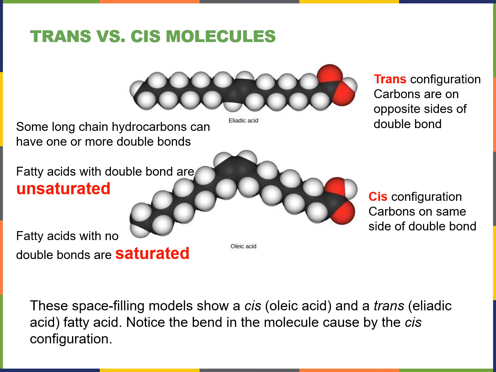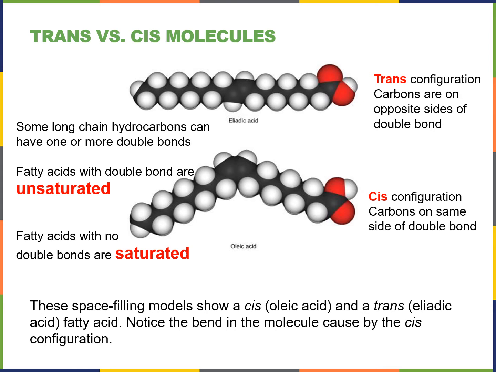Now, when we get into the membrane chapter, and we're talking about phospholipids and the lipids and the fats, what we're going to see is that these lipids are composed of long chains of carbons, like stearic acid and oleic acid. If every carbon has its maximum number of hydrogens, that's referred to as saturated.